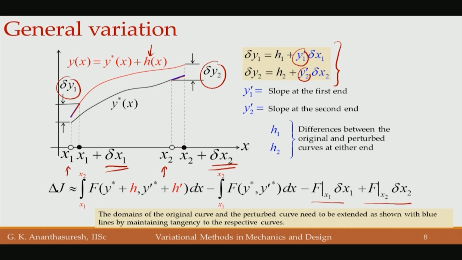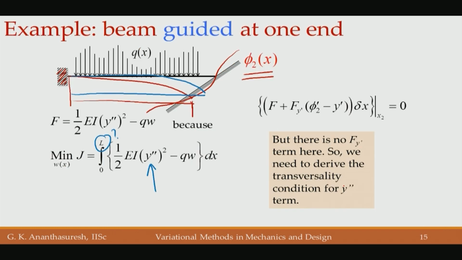This additional thing we need to do is nothing but f at that point, because delta x2 is so small, we get this term, and then we have to subtract, because we are not doing really from x1 to x2, x1 to x1 plus delta x1, that we are subtracting. Okay. With this we got the boundary condition now, which looks like this, right.